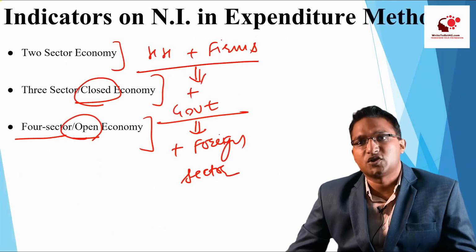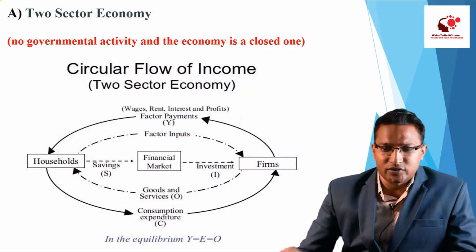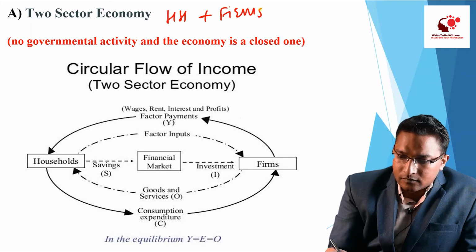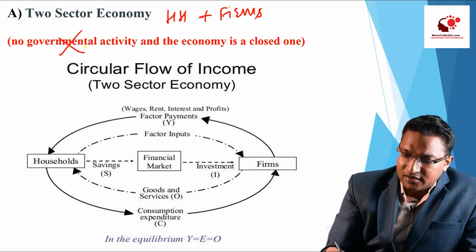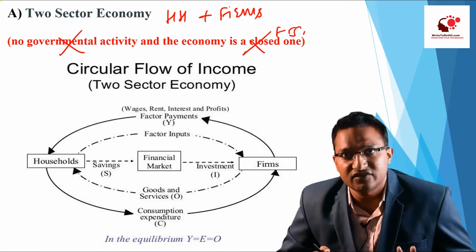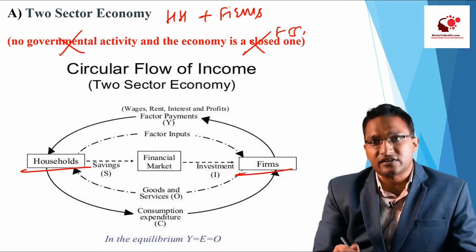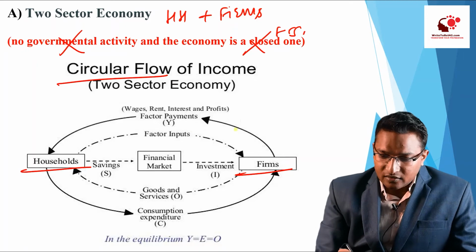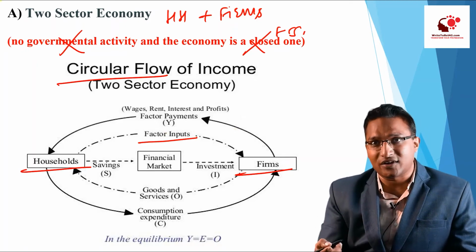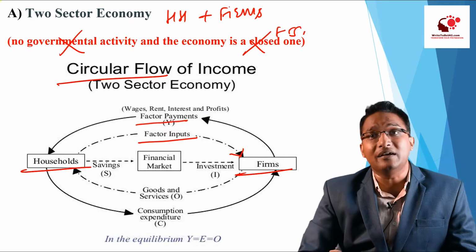Now, the first perspective, two sector economy. So in the two sector economy, there are two players, household plus firm. So there is no government and there is no foreign sector. It is very clear, it is very easy. So we have household and we have firms. And in this circular flow of income, we can see that here there is factor inputs, the four factors of production, they are giving the input and they are getting the payment in return.